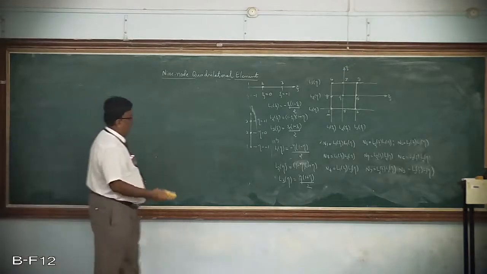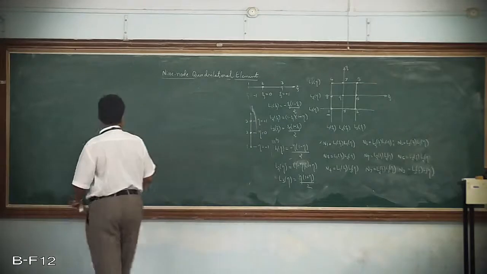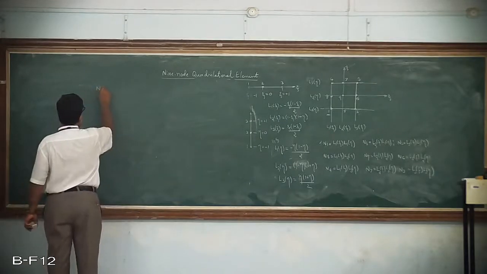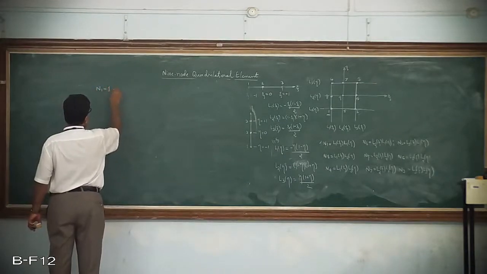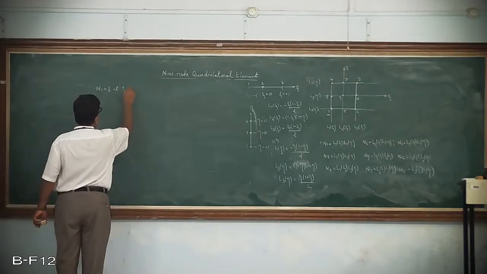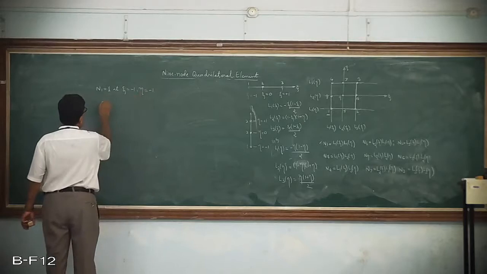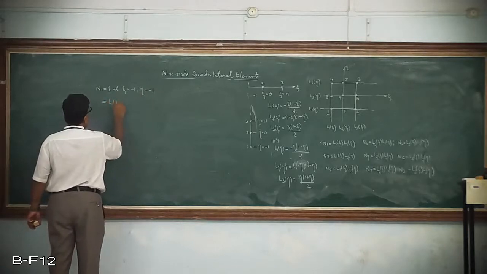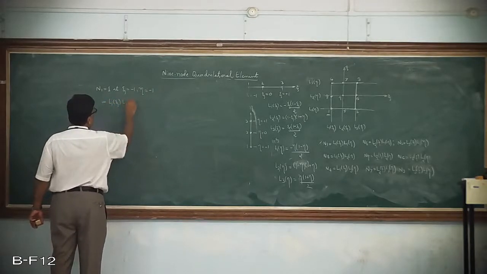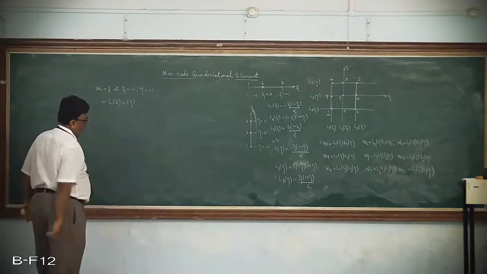Okay, let me cross check and show you. See here, N1 is 1 at zeta equal to -1 and eta equal to -1. And this is the product of L1 of zeta, L1 of eta. This is the product that we have already defined.